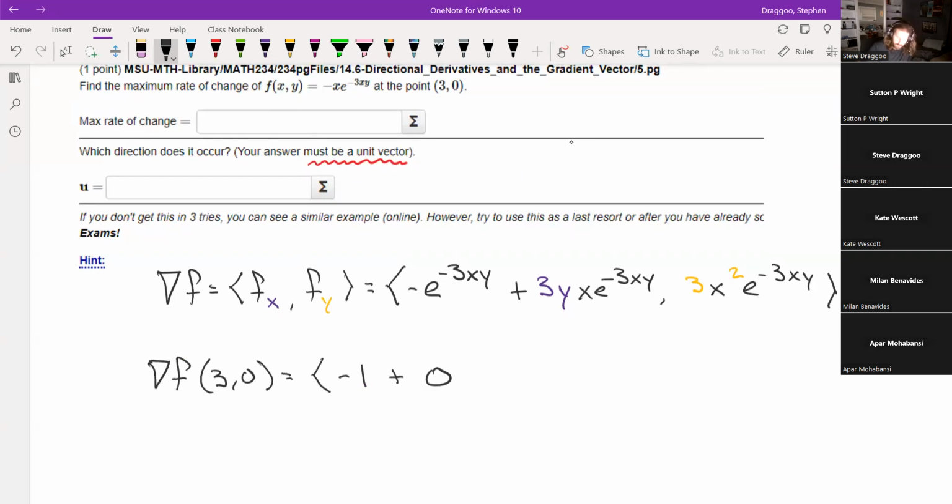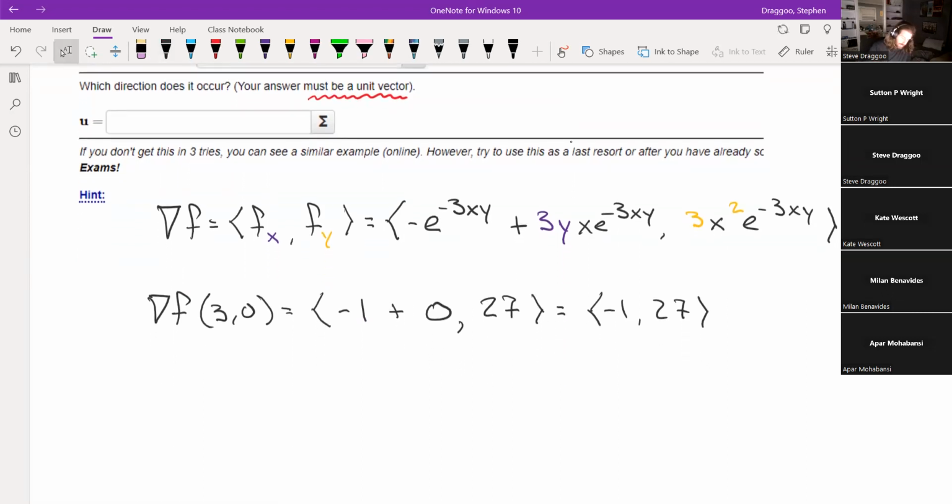I don't care anymore. As soon as I multiply by 0, that thing's just 0. And on the right, 3x squared, that's 3 times 9, which is 27, times e to the 0, which is 1. So my gradient vector is negative 1, 27.